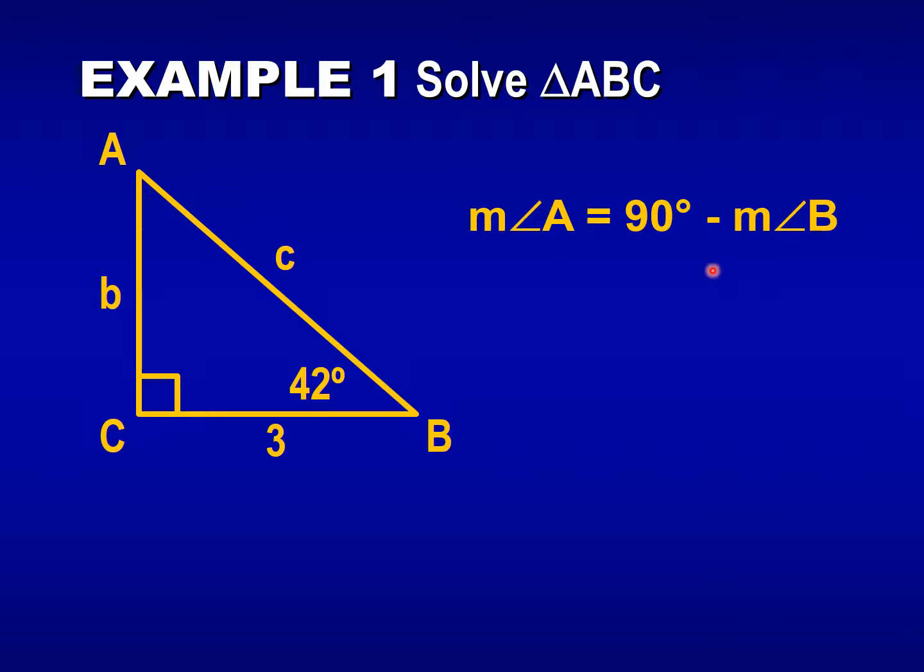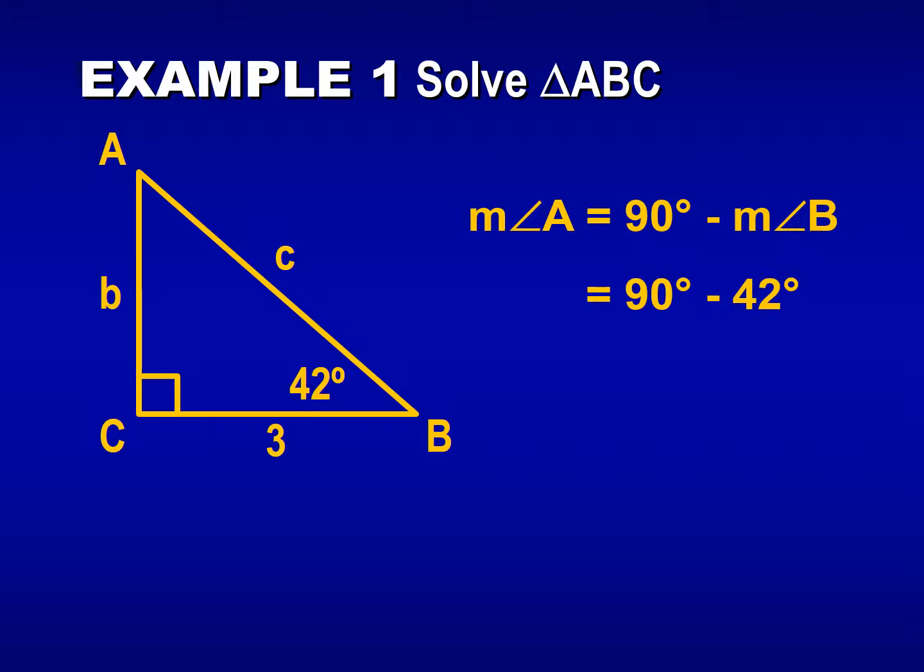Again, the reason that we're subtracting the measure of angle B from 90 degrees is that angle A and angle B have to add up to 90 degrees, because the entire triangle is 180 and we already have 90 of that 180.